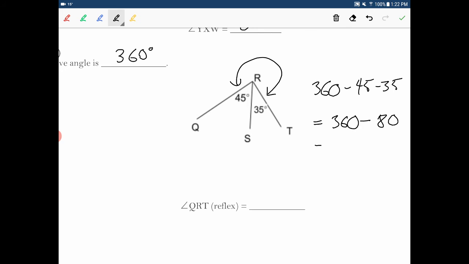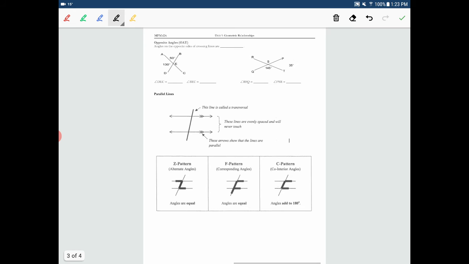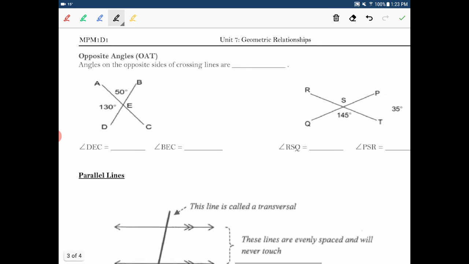And then it doesn't matter whether you go straight from this one right here or from this one right here, it's the exact same thing. Either way you look at it, you're going to get 280 degrees. All right, and that's that. So can I successfully turn the page the first try of this one?